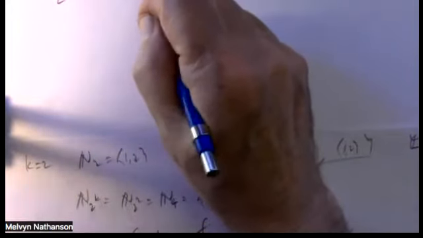So the power set of N2, I'm just writing it down again, was the empty set, 1, 2, and 1, 2, and 2 to the k, which was N4, the set 1, 2, 3, 4.